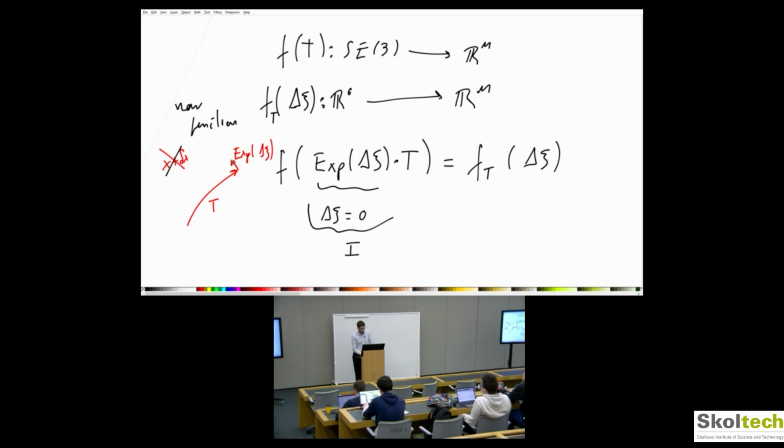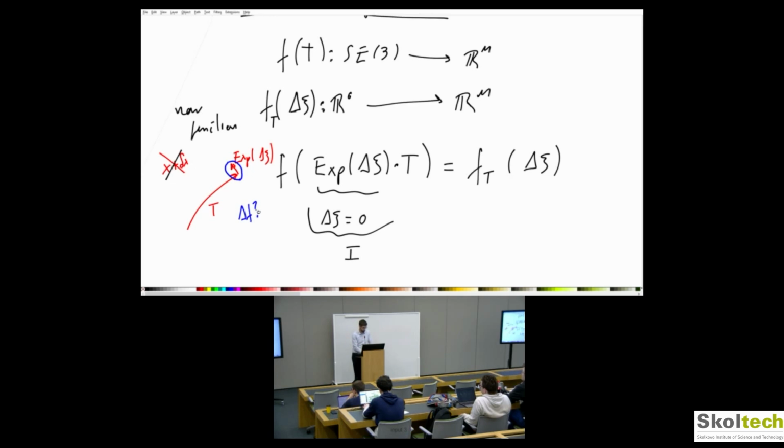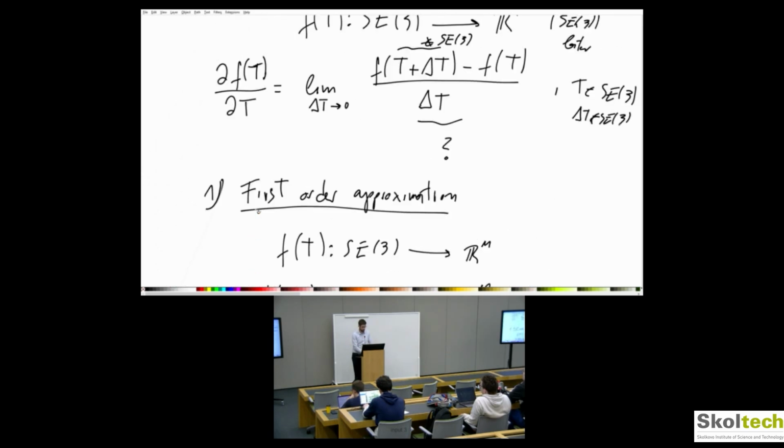So what we're interested in is you perturb this, and then what is the increment on the output of your function? This is basically the definition of differentiation. Let's put it back here.